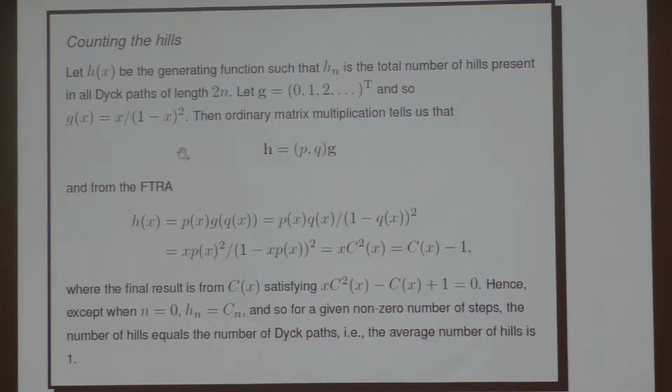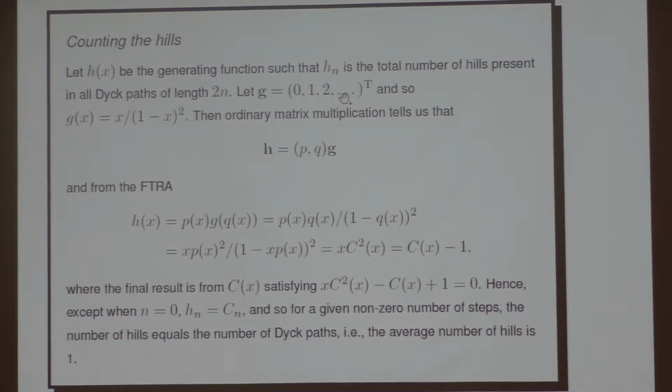So the last step is to count the hills. So we let h be the generating function we're after. This is the generating function such that the coefficients, h_n, are the total number of hills present in all dig paths. So we sum up all dig paths of length 2n.